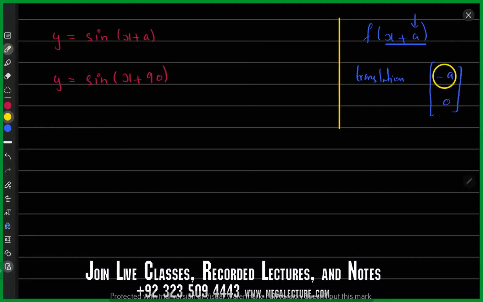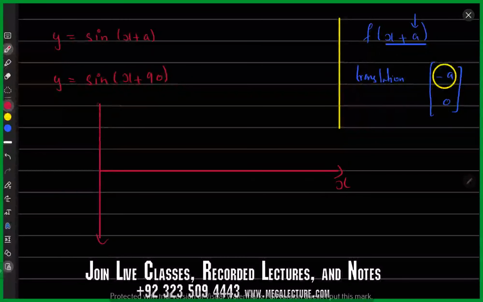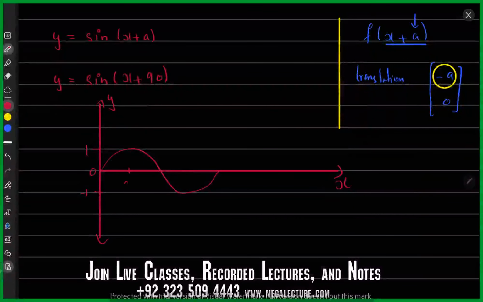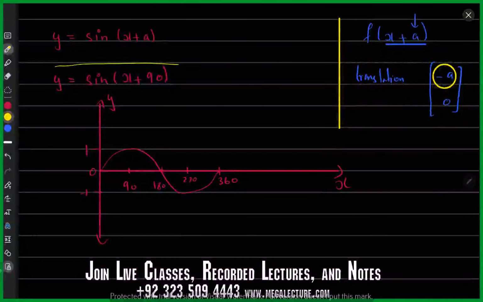So just look at it and then make both the graphs. So first you need to make the basic shape and then make the proper one. I'm just making the basic shape. This is x-axis, this is y-axis, and the basic shape is something of this type. It's 1, this is minus 1, 0, 90, 180, 270, and 360. So just make this basic shape and then make this one. I am going to wait for 2 to 3 minutes and then I'll see your attempts.